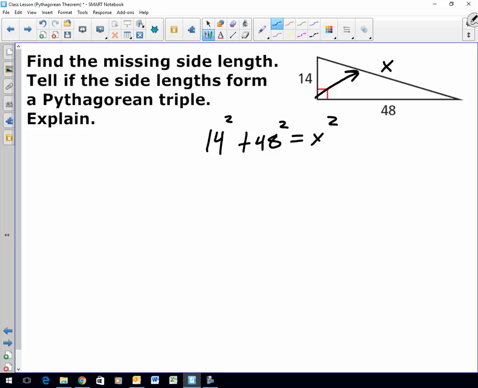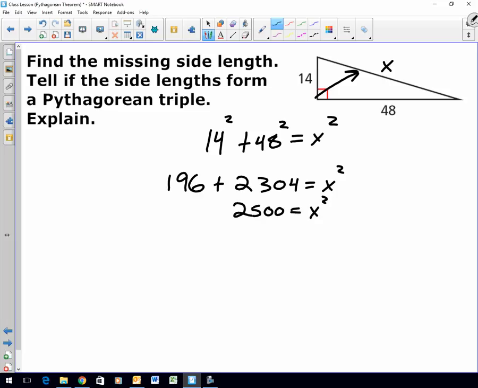What's 14 times 14? 196. Somebody tell me what 48 squared is. 2304. 196 plus 2304 is 2500.